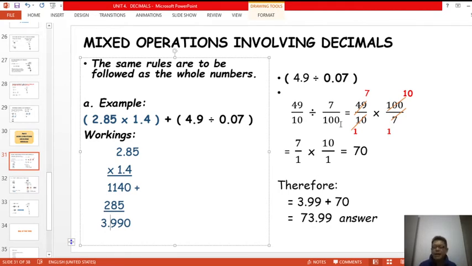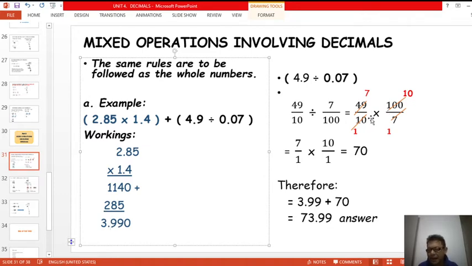After that, copy the dividend and change the division operation into multiplication and take the reciprocal of your divisor. So that's the reciprocal, 100 over 7. And then we do cancellation in cross multiplication.